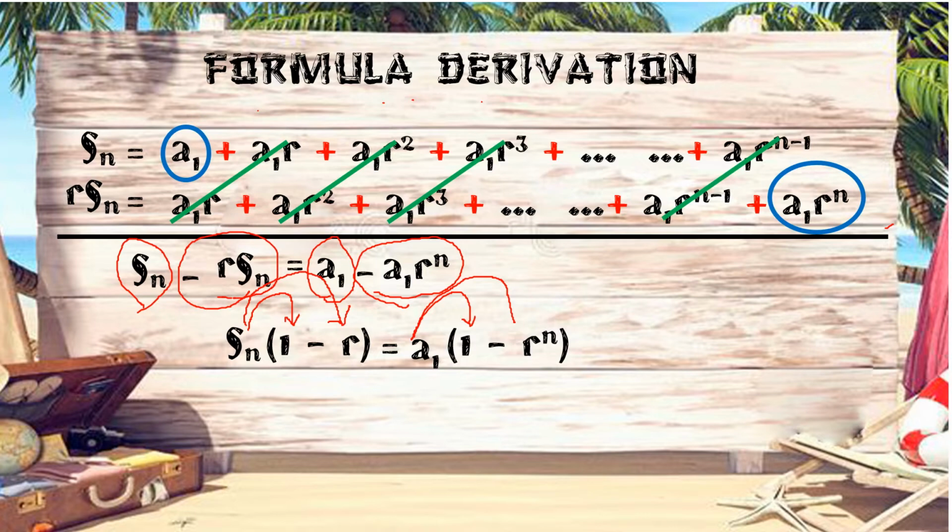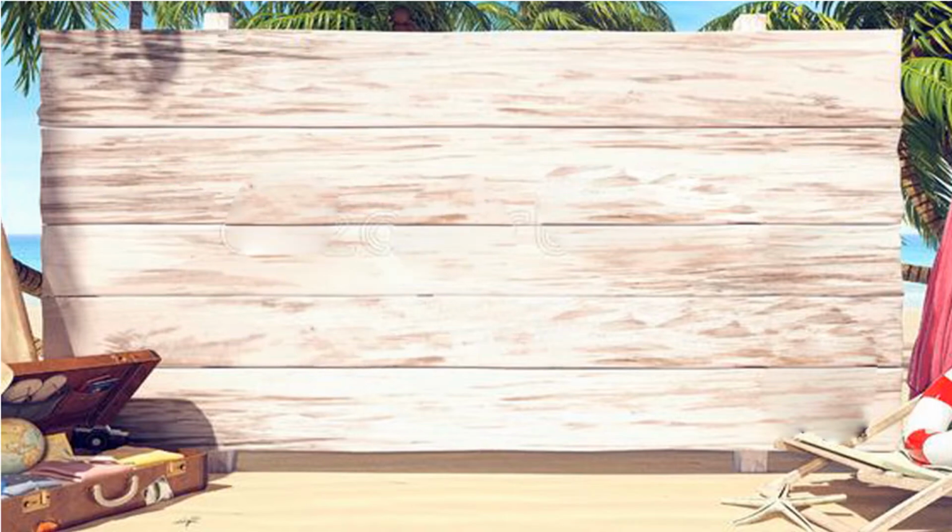Okay? Erase ko lang muna ulit ang aking scratch. Okay. And then, ayan, isusulat ko lang ulit, para mas malawak yung ating screen. Now, how do we cancel 1 minus r? Kasi, di ba, ang kailangan lang natin yung s sub n para makuha natin yung formula. So, how do we cancel 1 minus r again?